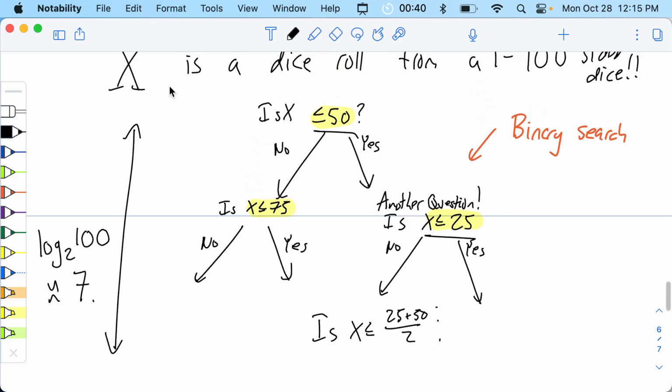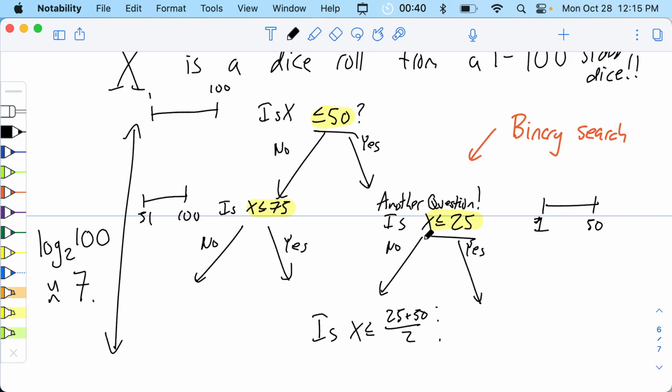When we started, x could be anything between 1 and 100. And then over here, we know it's anything between 51 to 100, right? Sorry, this is 1 to 50, and this side is 51 to 100. And we're always taking the midpoint of the interval and splitting it that way, right?